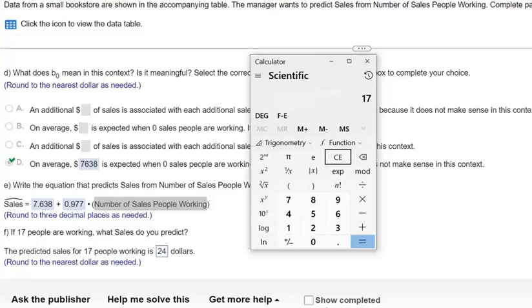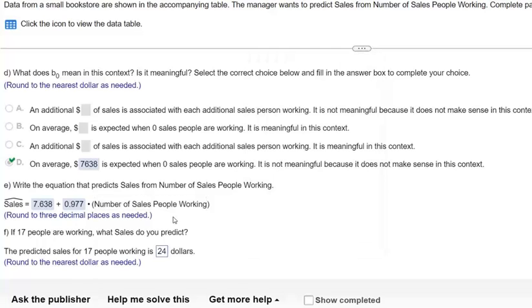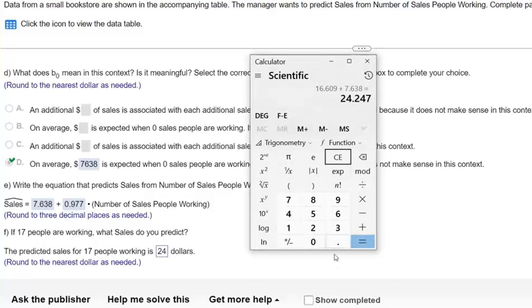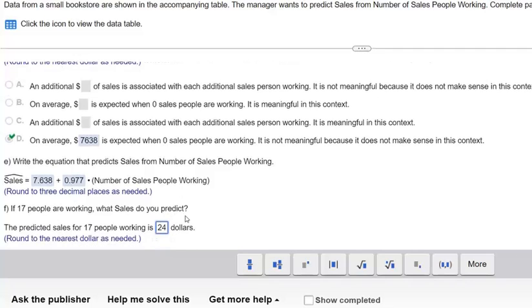Maybe I typed something in wrong. 17 times 0.977 plus 7.638. I don't get it. 17 people working, so you plug in 17 there. Add that to 7.638. And if we round to the nearest dollar, that's $24. So maybe they want 24.25?